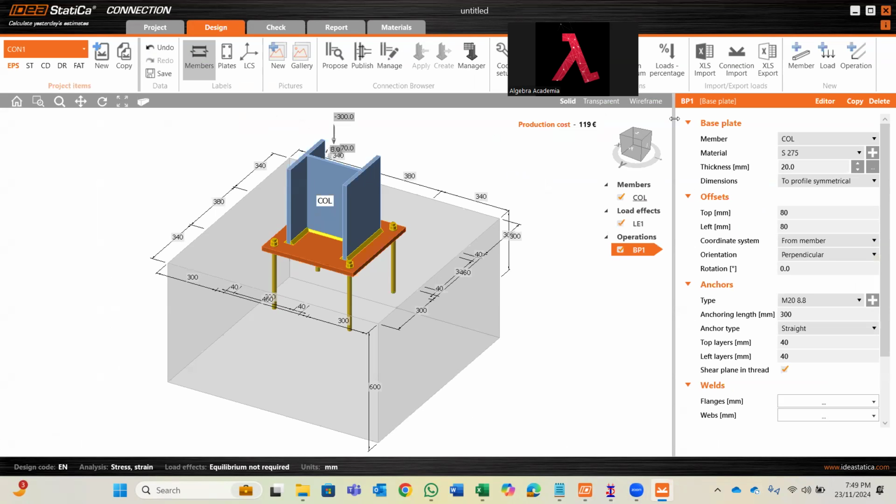So you need to uninstall again. The setup file and how to install the software has been given, so you need to install again, because this problem is only for IDEA Statica. Whenever you try to connect to the internet, now they have made it very strict, closely monitoring so that pirated copies are not used. Such things are going on only for IDEA Statica.